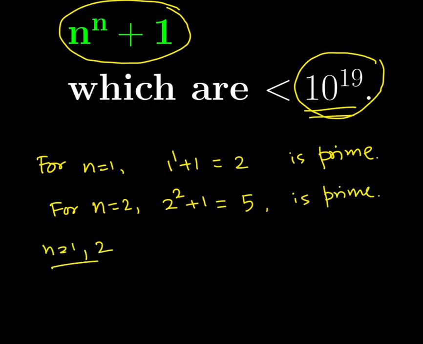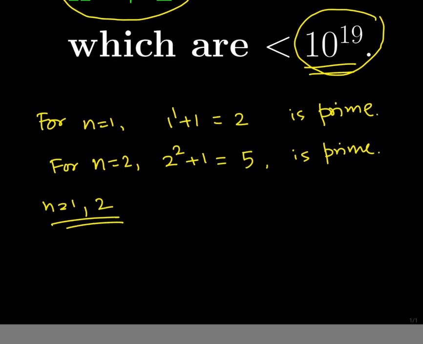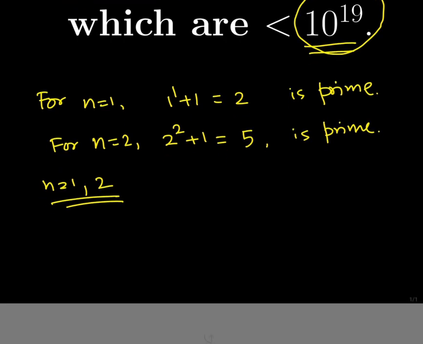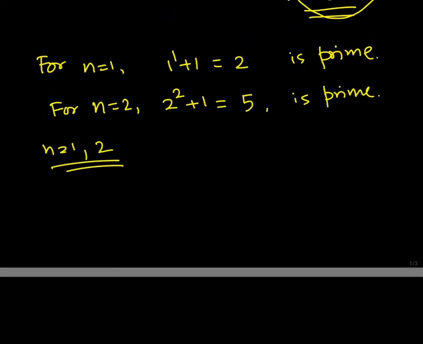So for n equal to 1 and 2, we got 2 primes. For the general case, we will first prove a result, then we will go for other cases.